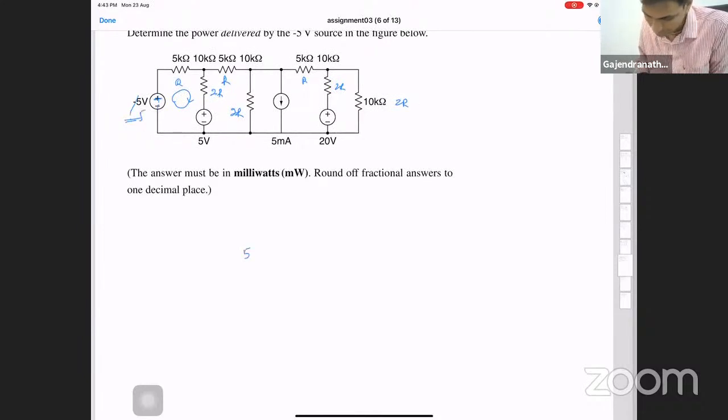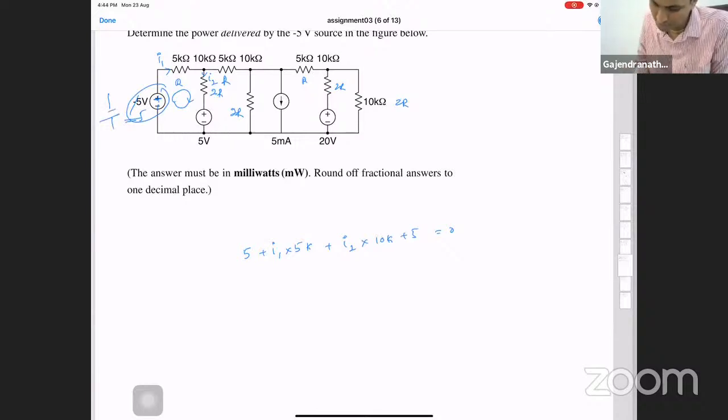The current in the resistor here is, let's say, I1, so +5 plus I1 times 5K. I do not know the current in the other branch, so let's call it I2. That is I2 times 2R, which is 10K, plus 5 is equal to 0. So I replaced it like this.